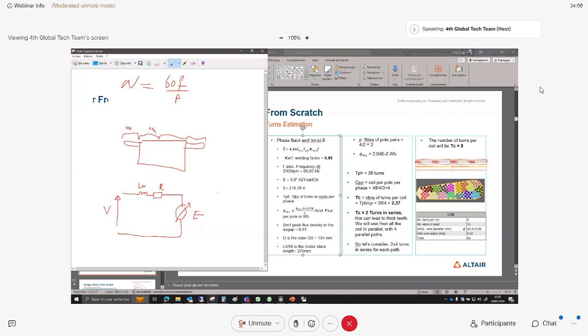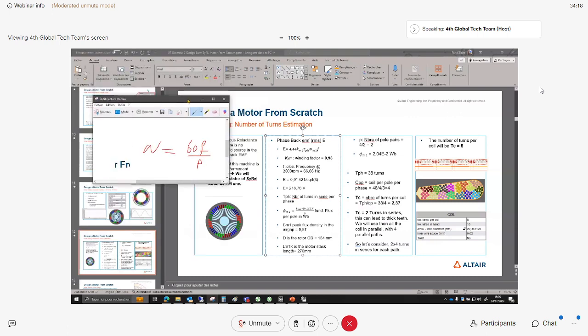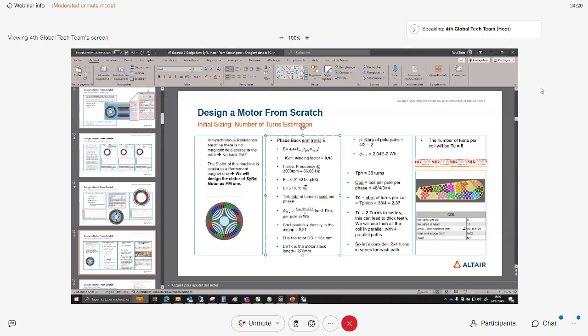So for 2000 RPM, I will produce this back EMF. I computed the voltage here previously. So I consider a voltage drop of 0.9 due to the impedance of the phase. Okay, then for 2000 RPM, I will have this back EMF taking into account this voltage drop.